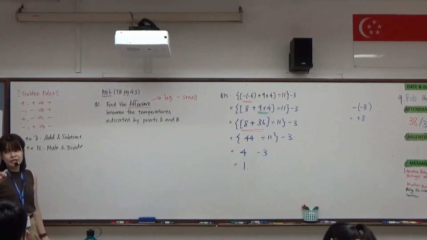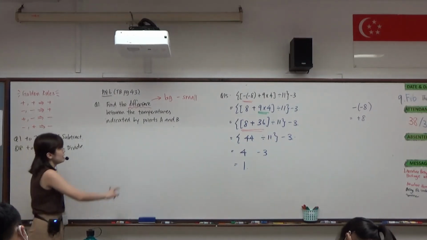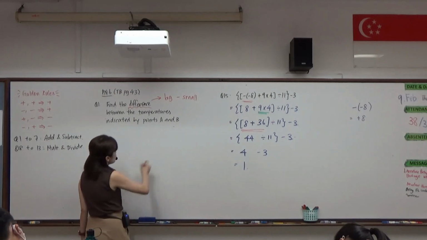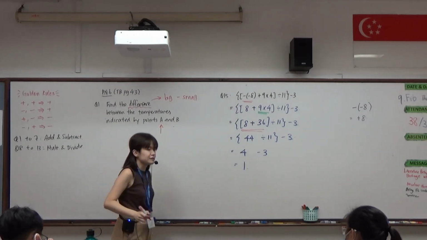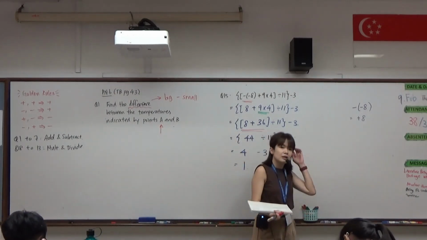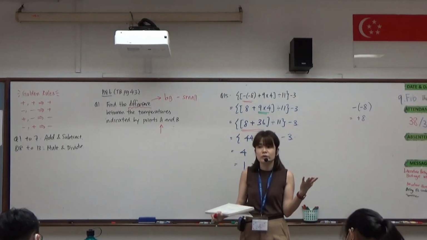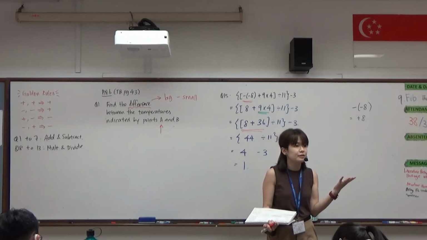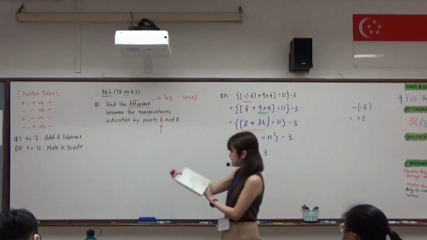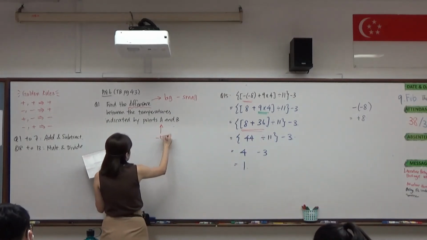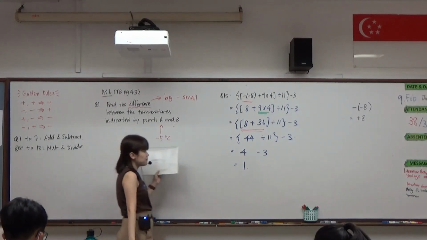In your picture itself, can you tell me at point A, what is the number that you can read off the thermometer? Asi says -5, Hansha also says -5. Do we all agree that it is -5? So -5 is what we see on A. What about B, Joel?